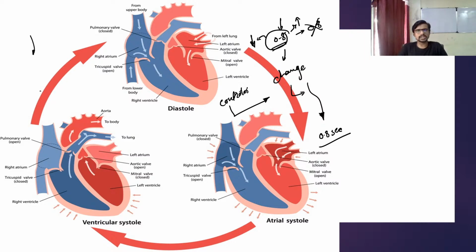A doctor always checks the heart rate, they check the impulses, or what we call pulses. This pulse is measured on the artery we call the radial artery, at the wrist. This is nothing but the checking of your heart rate.